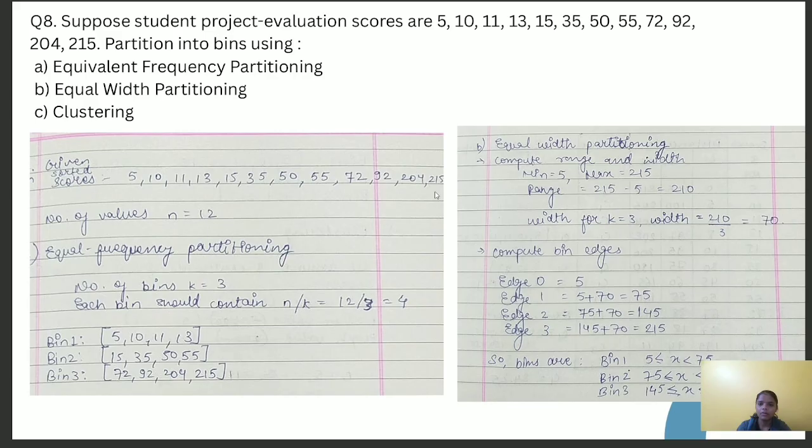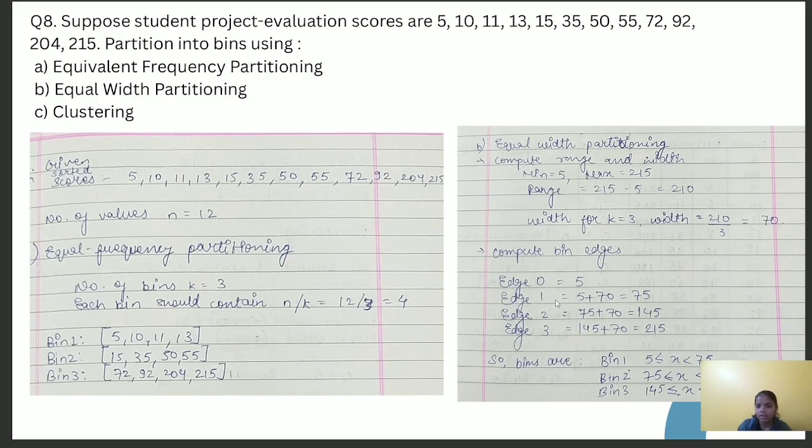Here we will compute the range and the width. As we know, the minimum value is 5 and the maximum value is 215. Now when we subtract max minus min, we get our range, that is 210. And the width for k equal to 3 is 210 divided by 3, so our width is 70. Now to compute the bin edges: initially edge 0 is our starting value, 5.